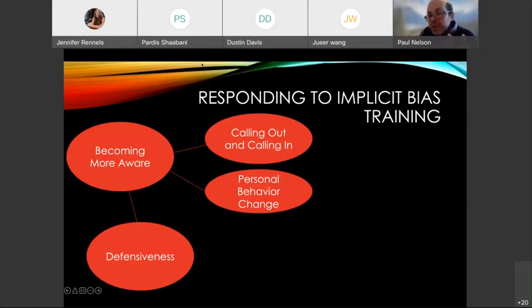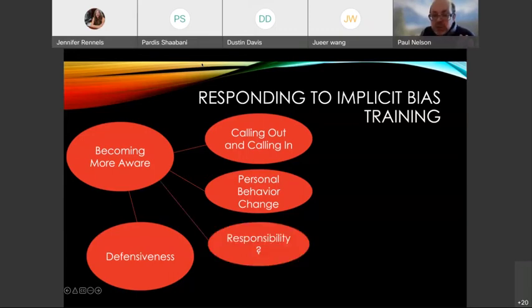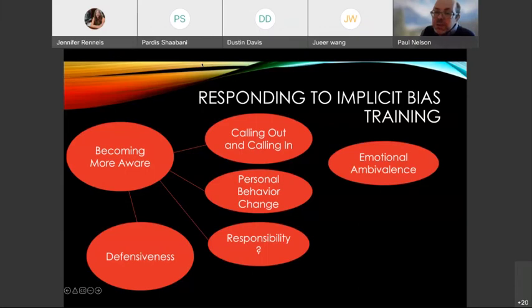But one of the things that we see that's helpful in overcoming defensiveness, I want to skip over here to emotional ambivalence. Emotional ambivalence is a phenomenon where, when an individual is learning about implicit bias, they have both positive and negative feelings about this information, that they are biased.